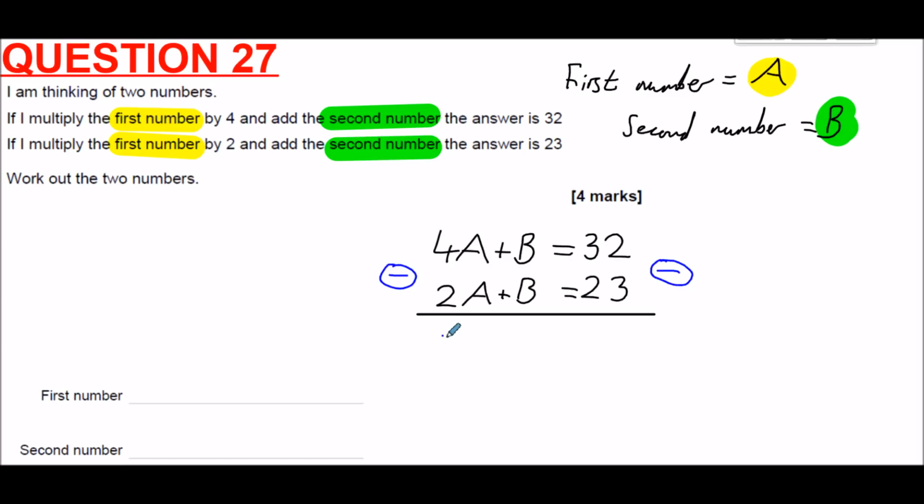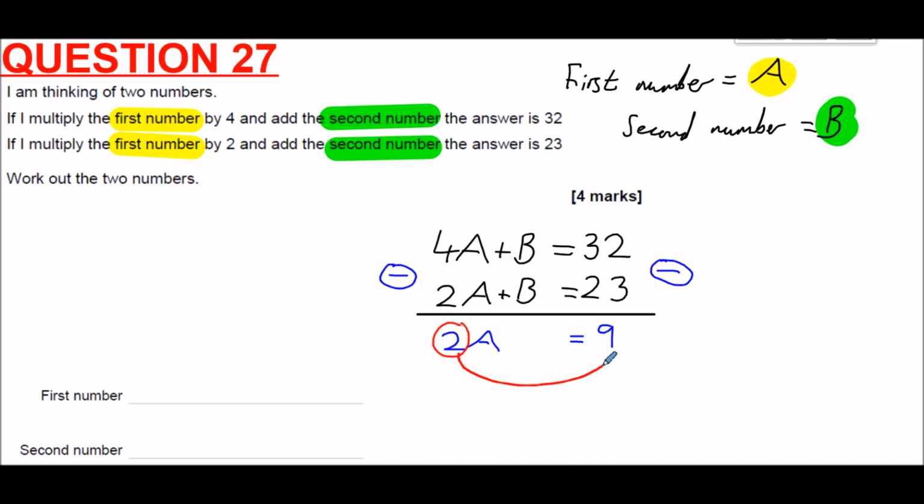4A take away 2A would leave us with 2A's. B take away B would leave us with nothing at all. Then the numbers 32 take away 23 would be 9. And so 2 lots of A is 9. We can divide both sides of this by 2 to work out what A is.